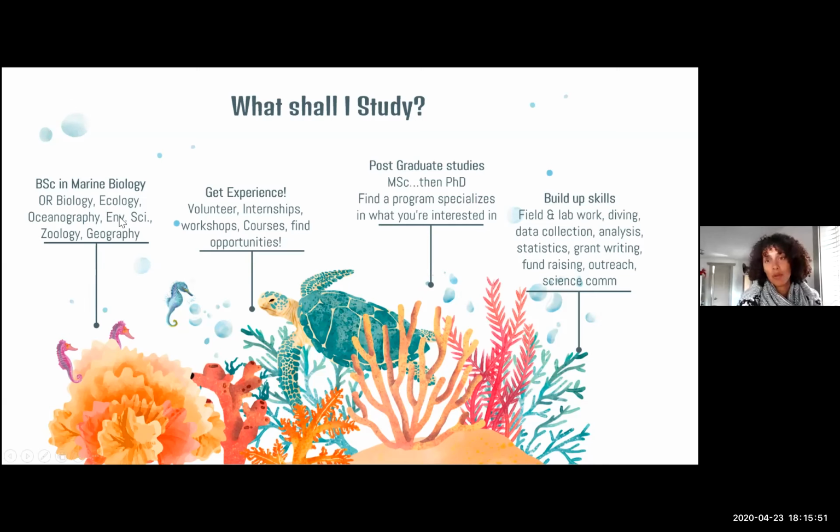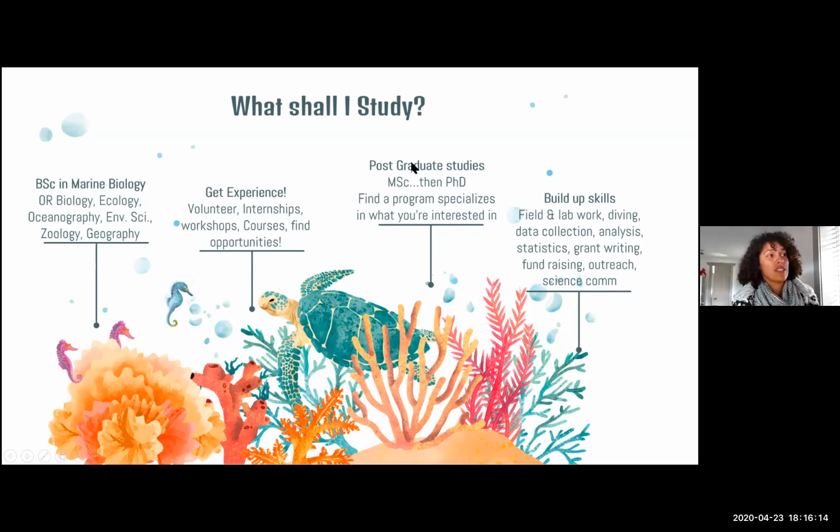A lot of my peers have a background in any of those environmental fields. And I think the main thing is that if you're taking stats, genetics, and biochem, those will all make the path easier. Now, I don't have that background, and I'll talk more about my background, but that would make things easier.